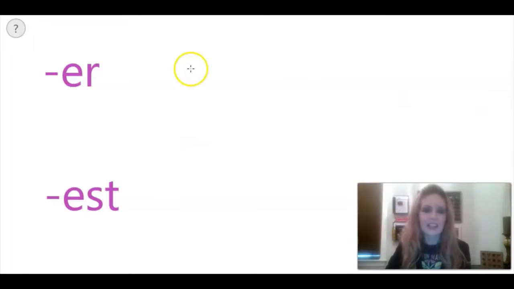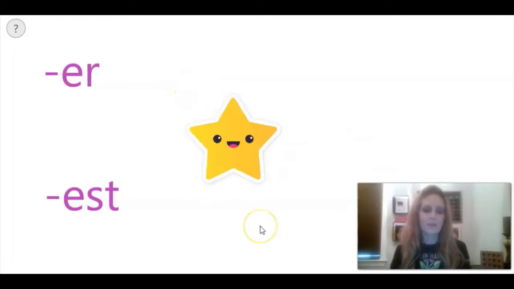Let's take a look at another example. If I have a star, I could say this is a large star. Am I comparing this star to any other star? No, I'm not. I'm just letting you know that this is a large star. So I would leave large alone.